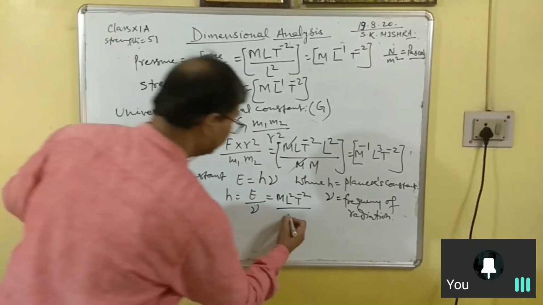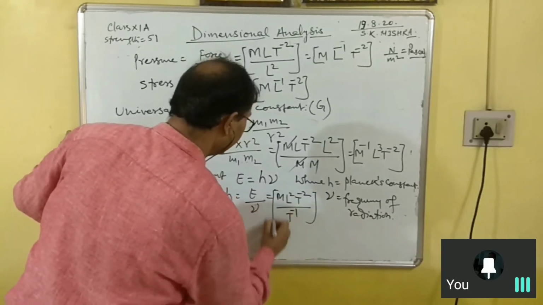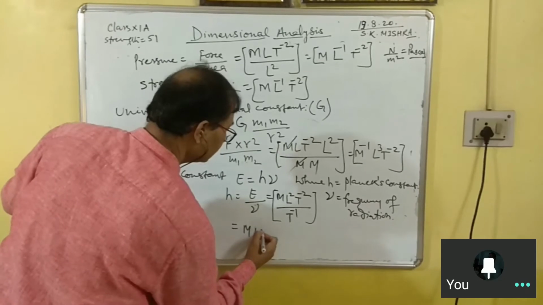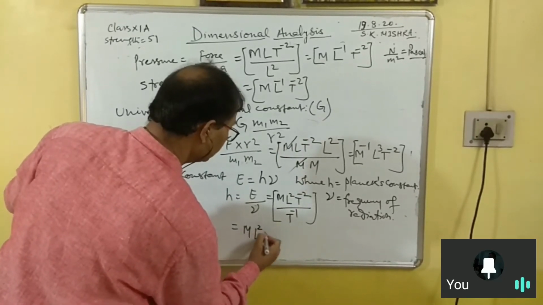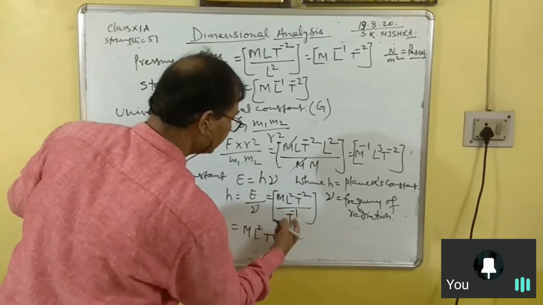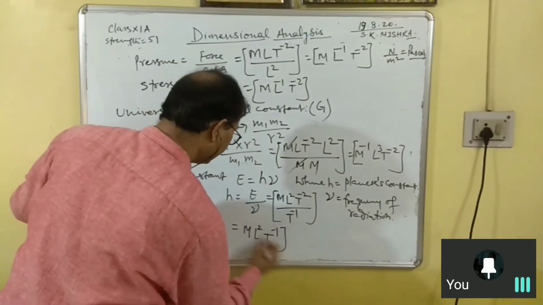So write here T^-1. Then finally you can adjust it: M L^2, and T^-2 and then plus 1, so this is minus 1.